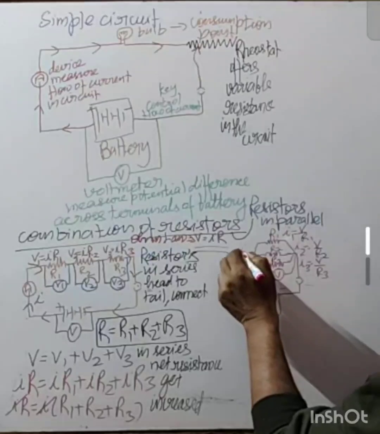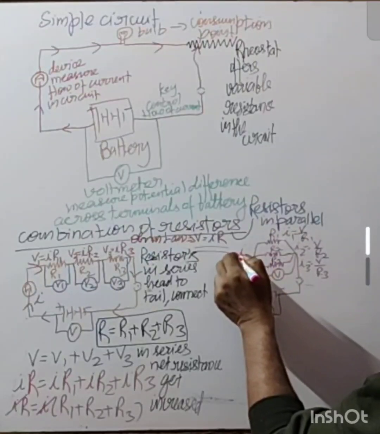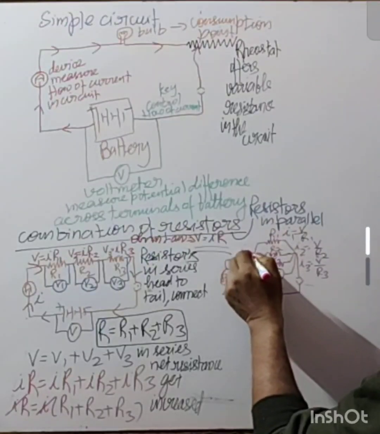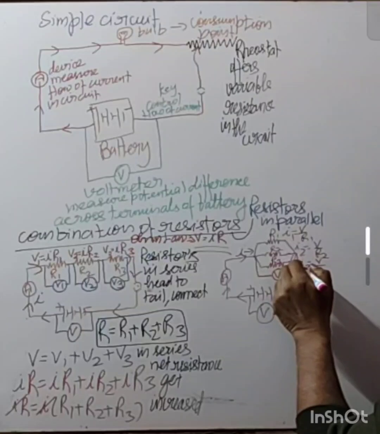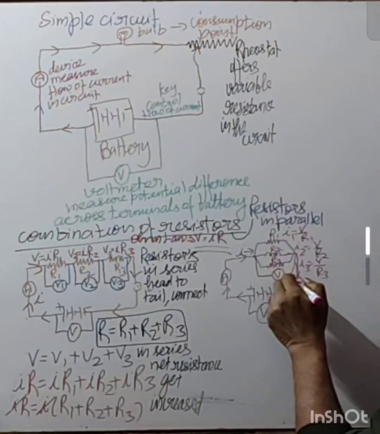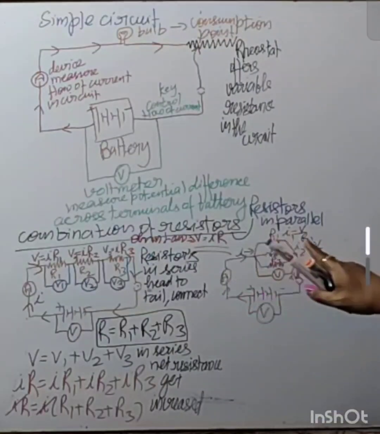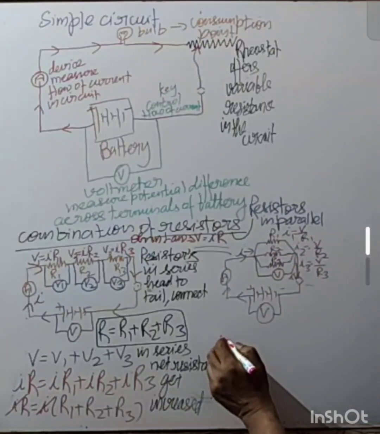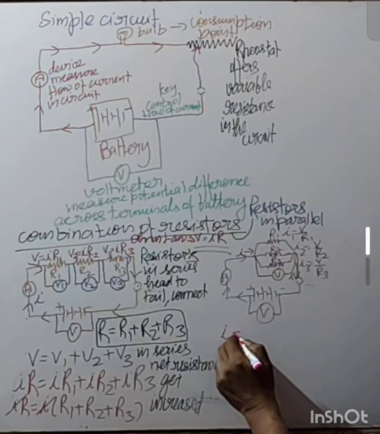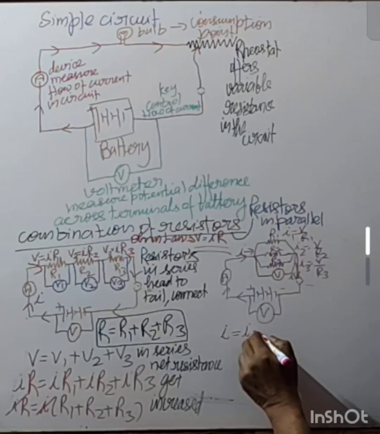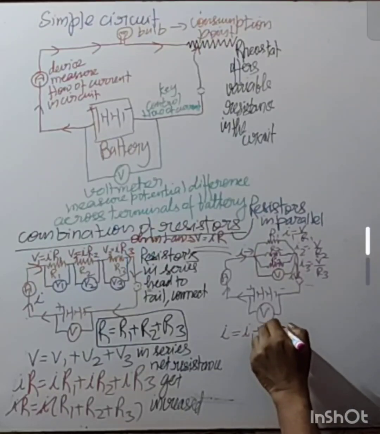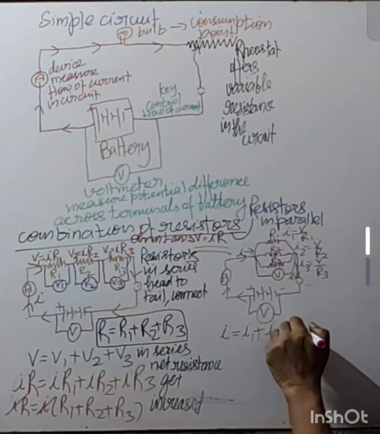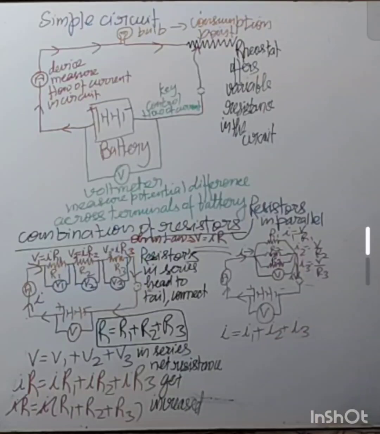Current I is entering from here, and current I is coming out. Total current is the same, so we can say I is equal to I1 plus I2 plus I3.